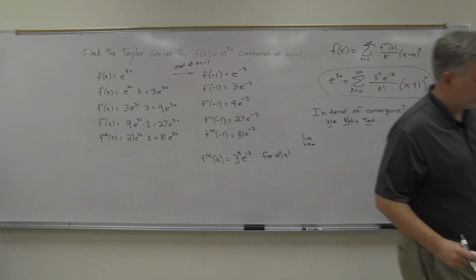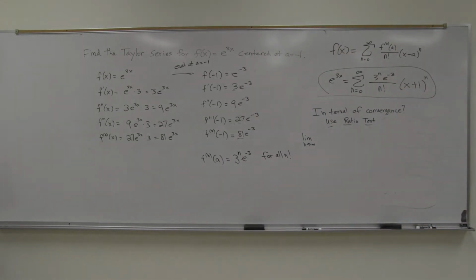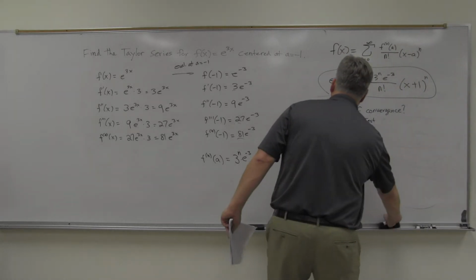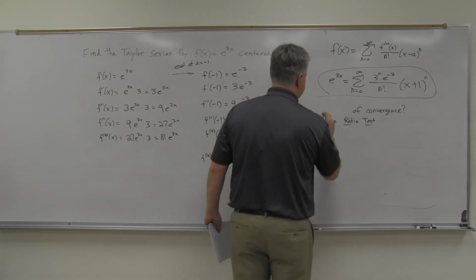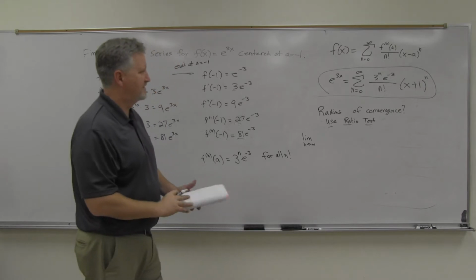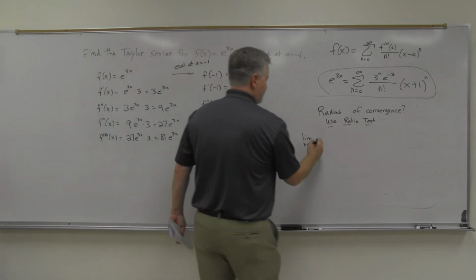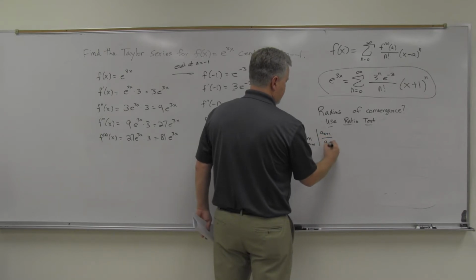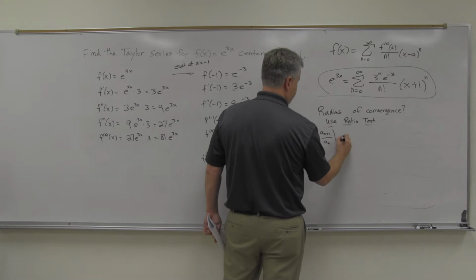Either radius or interval of convergence, you'd still use the ratio test. So remember, you're going to use the limit as n goes to infinity of the n plus 1 term divided by the nth term.